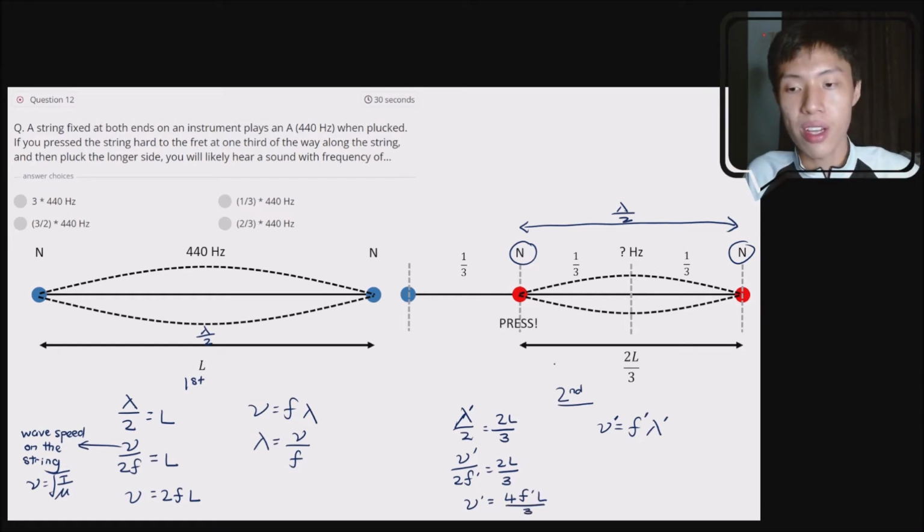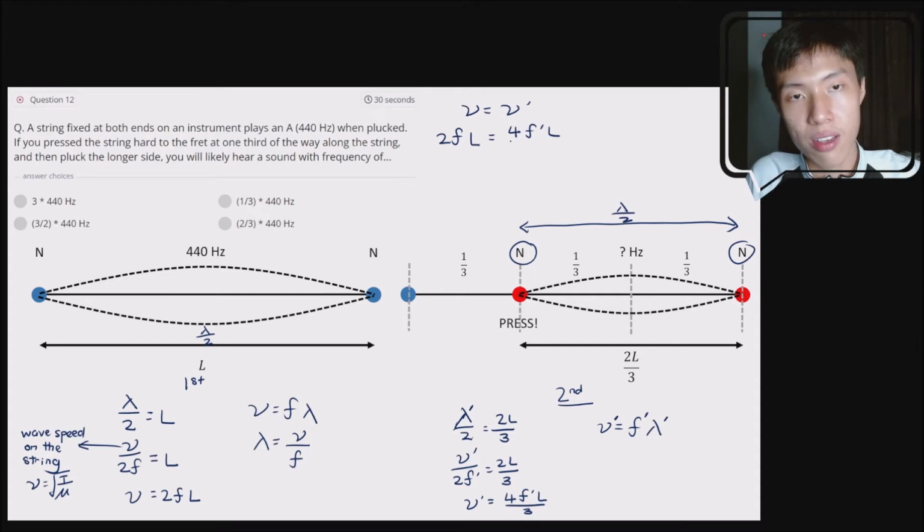Once we have done that, we need to compare between v and v prime. For this situation, it's 2 f l, and 4 f prime l divided by 3. We know that both sides have this L, so we can cancel it out.